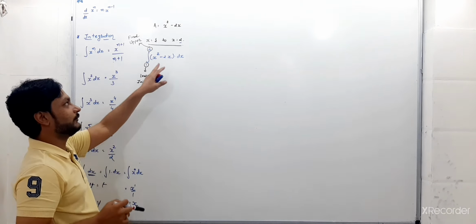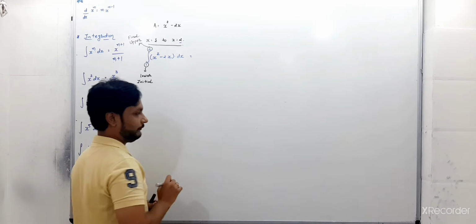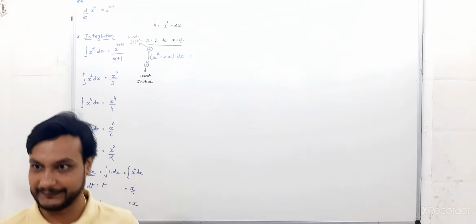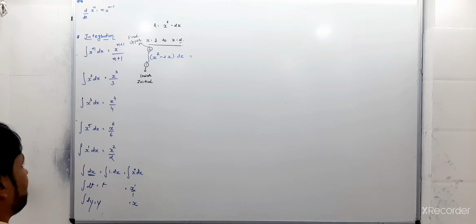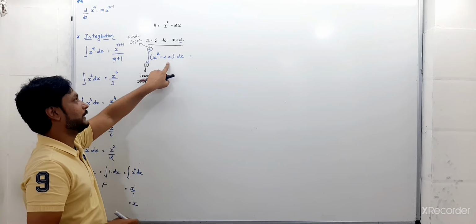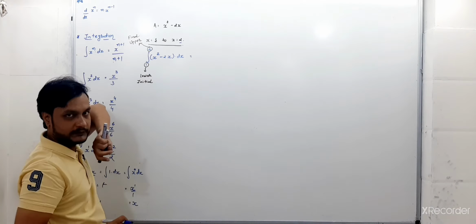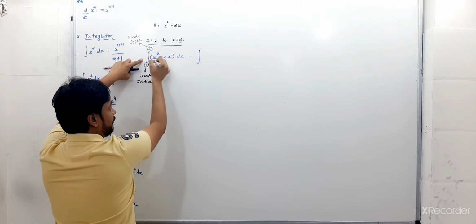Okay, now we have to integrate this value. First we are going through the basic and technical procedure, after that we will take the short way. So to integrate this whole thing, take the separation first, open this bracket.